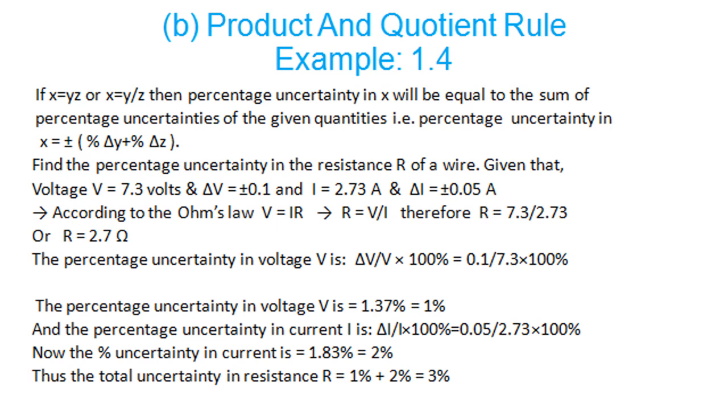And the percentage uncertainty in current I will be equal to delta I over I into 100%, which is equal to 0.05 divided by 2.73 into 100%, which is equal to 1.83%, and finally we can write it as 2%. Thus the total uncertainty in the resistance R will be equal to 1% plus 2%, which is equal to 3%.